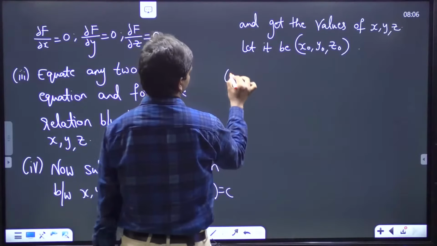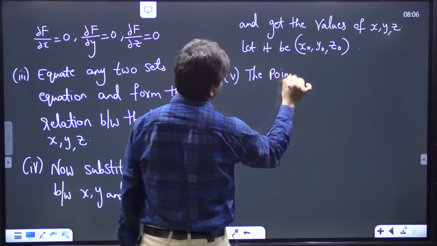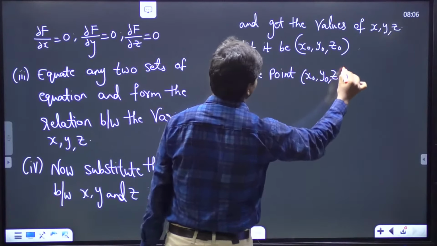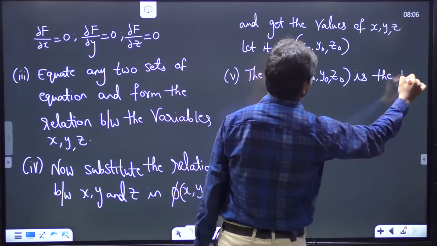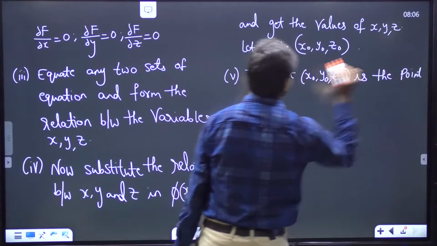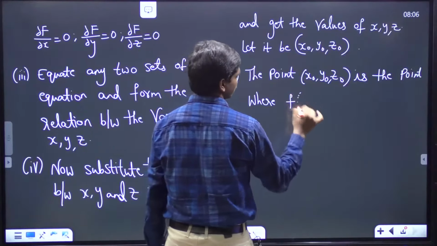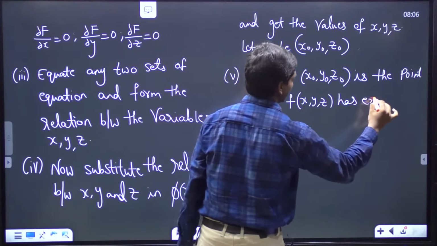Okay, fifth step. The point x0, y0, z0 is the point where small f of x comma y comma z has extremum.